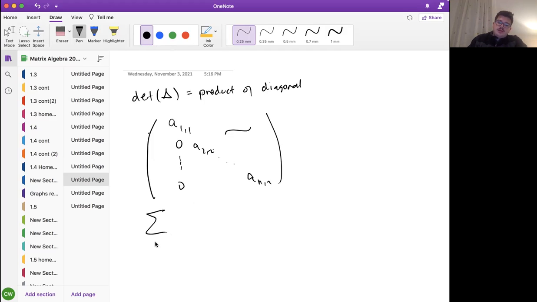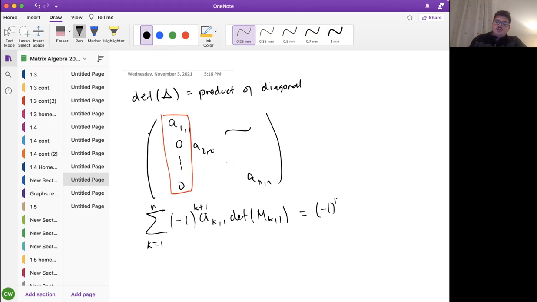The sum k equals 1 to n. And if I'm doing cofactor expansion on the first column, it would be A_k1 determinant of M_k1. So what would it be in this case? What is the only surviving term? A11.